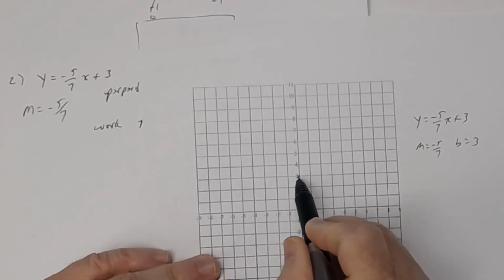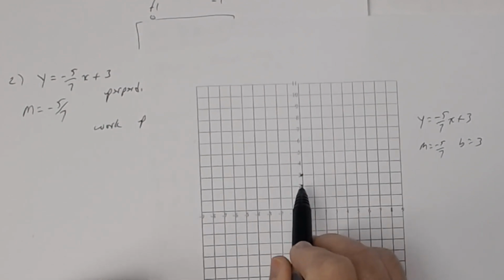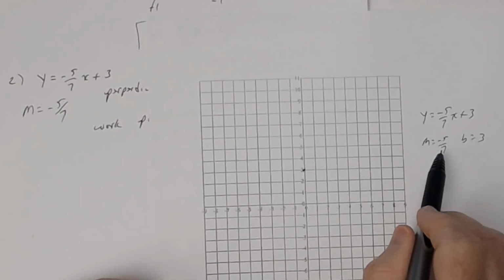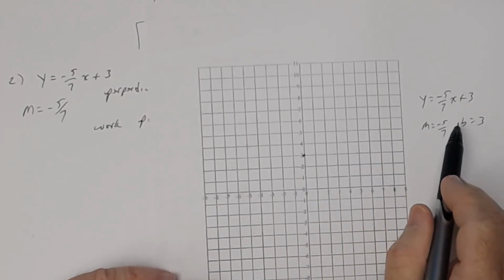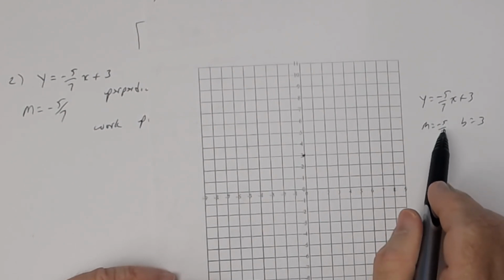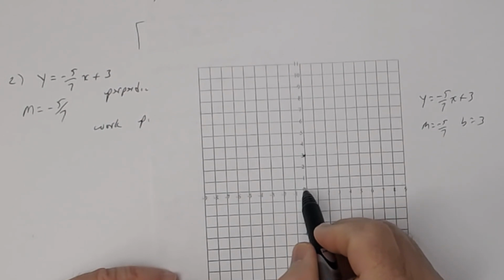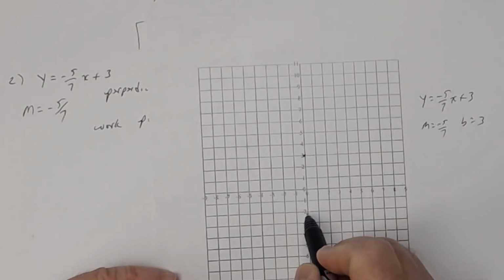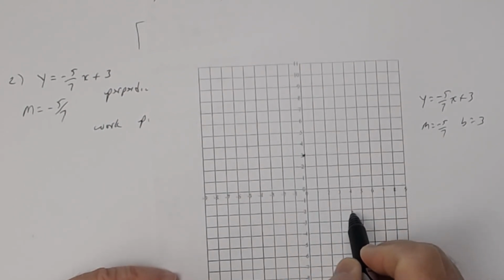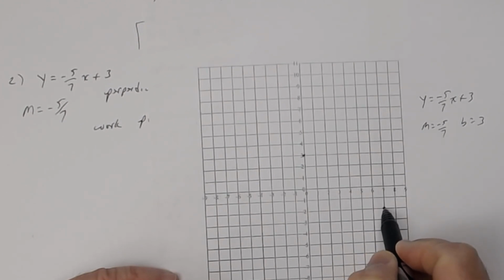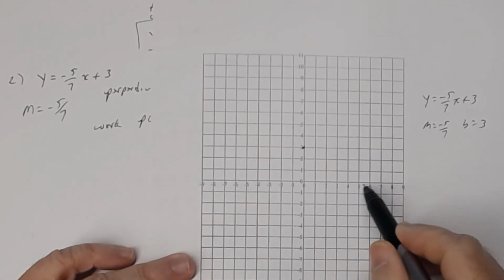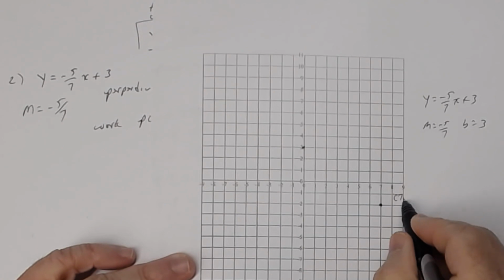So from that point on the y-axis, I'm going to use the slope to find the other point. My rise is negative 5, and my run's a positive 7. So I'm going to go down 5, 1, 2, 3, 4, 5, and then to the right 7: 1, 2, 3, 4, 5, 6, 7. And so this point here is 7, negative 2.